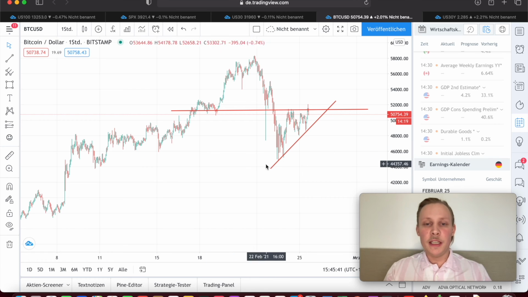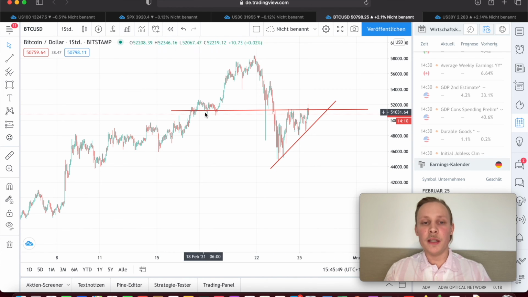So you can see here we have something like an ascending triangle, but it's still in a downtrend. You can see here this whole area is a resistance area. We broke through it a little bit, but we didn't get the retest, so we are still back in that pattern.